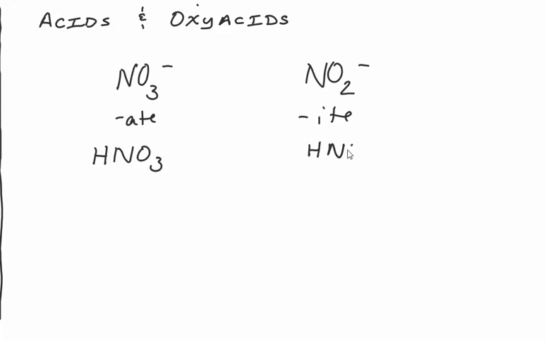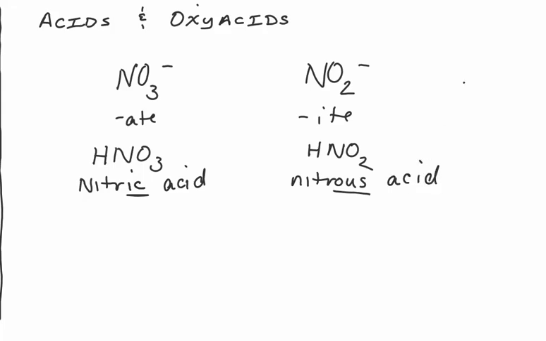When we make it an acid like this, we would name the acid that is built off of the nitrate, we would name that nitric. So we replace the ate with ic and add acid. So this is nitric acid. For the nitrite, we're going to call this nitrous. So we're going to replace the ite with us and add acid.